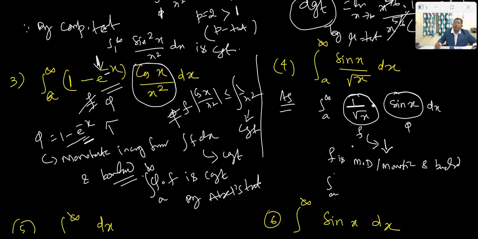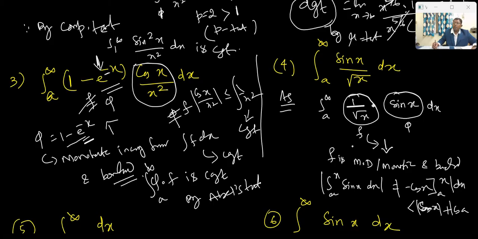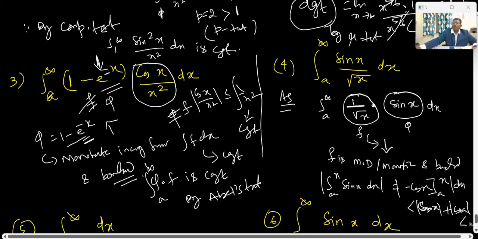And likewise, if I say the integral from a to x of sin x dx in modulus, the integration of sin x is minus cos x from a to x. So this is less than cos x plus cos a, which is less than 2 anyway.